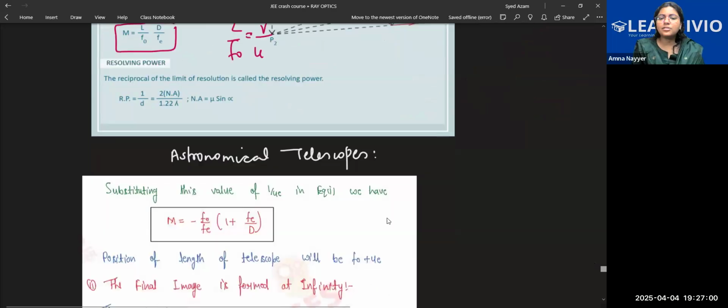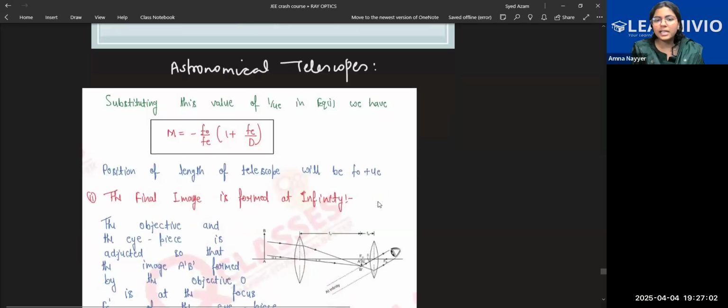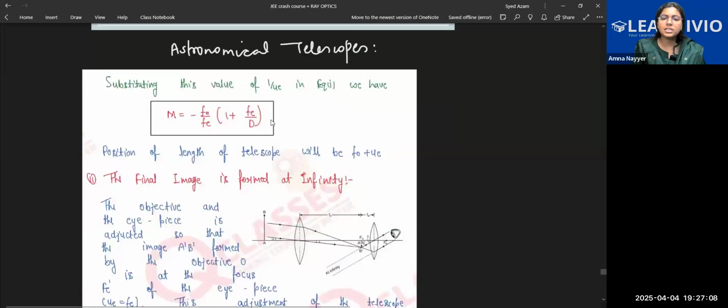Then let's see the astronomical telescope. In the astronomical telescope, you have two equations. When the image is formed at the least distance of distinct vision, it is F naught by Fe times 1 plus Fe by D. See, you can see this is the objective, this is the eyepiece.